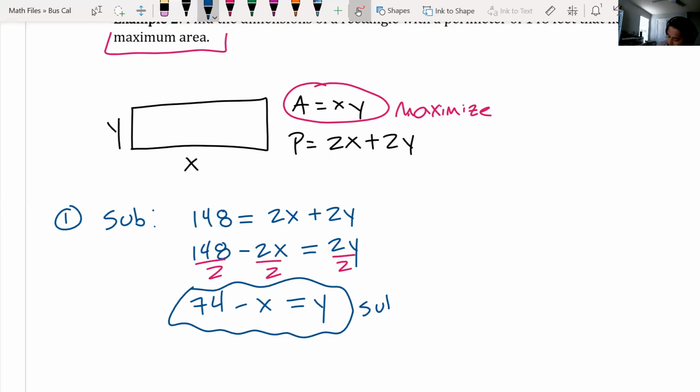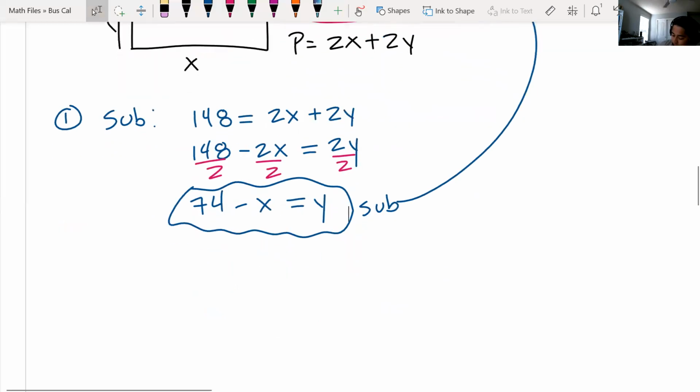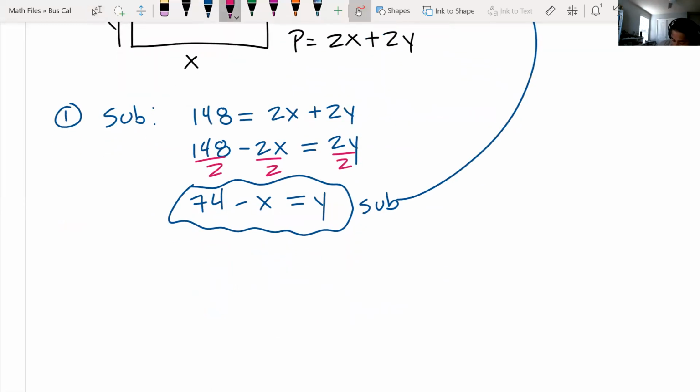Here is our substitution. And now we're plugging it in for this y. So that's next, step 2: plug y into area.